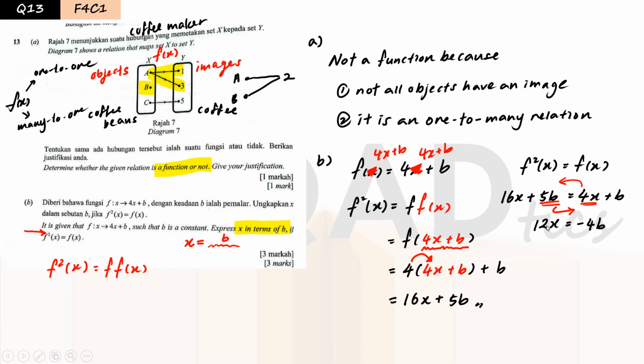So here will be 12x. And this 5b, I move it to the right side, it will be negative also. So we'll minus with b here to get negative 4b. And now for the 12, I'll move it to the other side and simplify with 4. So here will be x equals negative 1 over 3 b. And this would be our expression.